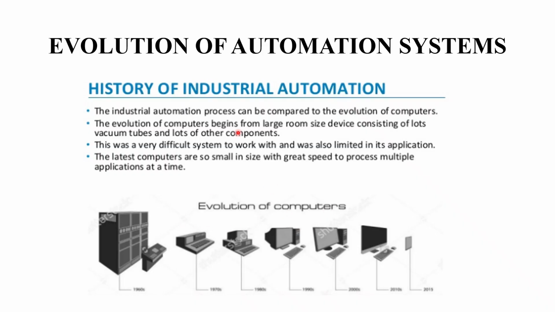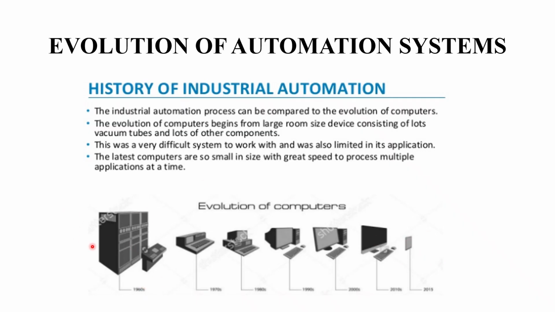We know very well that computers began as large devices consisting of a lot of vacuum tubes and other components, which were very difficult to work with and limited in application. Nowadays we are familiar that the latest computers are smaller in size and have great speed in order to perform multiple applications at the same time. You can see the diagram representing the evolution of the computer from a bigger size to a smaller size.